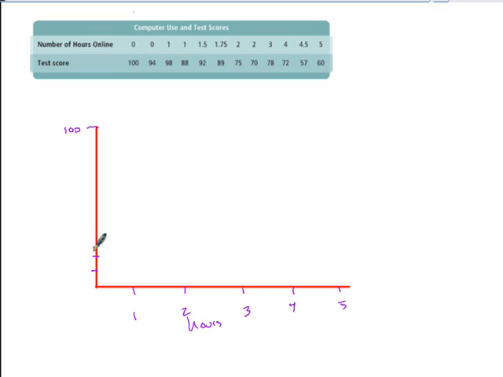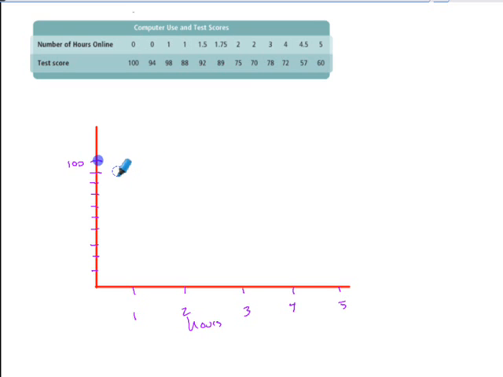And then we'll just go 10, 20, 30, 40, 50, 60, 70, 80, 90. And then I'll move 100 down just a skosh. Okay? So then on our scatter plot at 0, we have 100. And again, when you do these, you do as much of this as you need to. If you need a little bit of practice making a scatter plot, then do some practice.